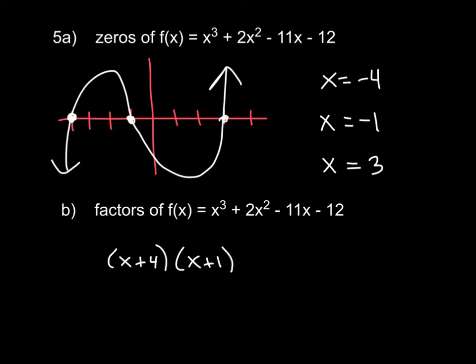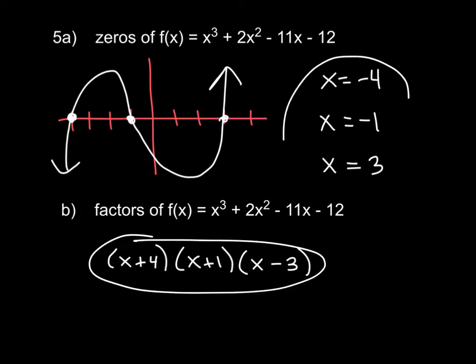And again, if x equals +3, we're going to have a factor of x minus 3. So these right here are the factors of our function. If you were to double distribute, combine your like terms, and then distribute this to the x minus 3 and combine your like terms again, you would wind up with this function right here. So these are our factors, and these are our zeros.